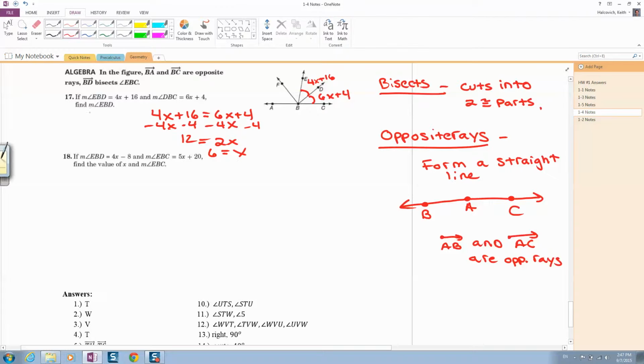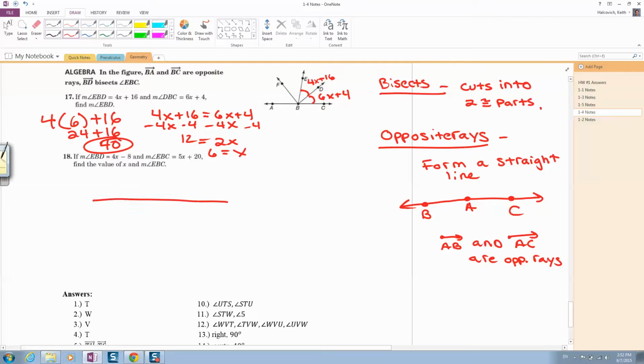And then EBD would be, substituting back in, 4 times 6 plus 16, so 24 plus 16 is equal to 40. So the measure of angle EBD is 40.